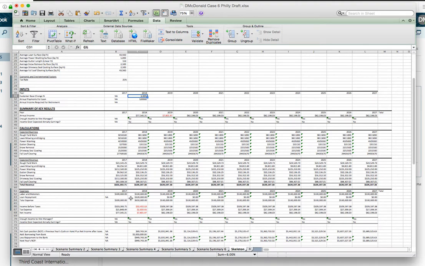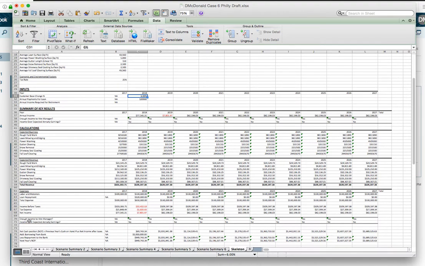As you know, you add in that 6% customer growth. You see that there is a growth in the amount of work that he's doing. You see that there's a growth in the amount of revenue. But then you take out that $120,000, and he is completely in the red.